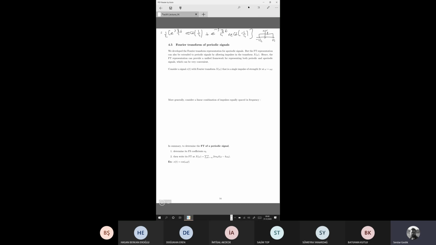So at 1 over 4 and minus 1 over 4, rect is of course 1. So this is equal to 1 over 2 e to the power j pi over 4 t plus e to the power minus j pi over 4 t, and it's equal to the input, cosine pi over 4 t. So this is y1 of t.